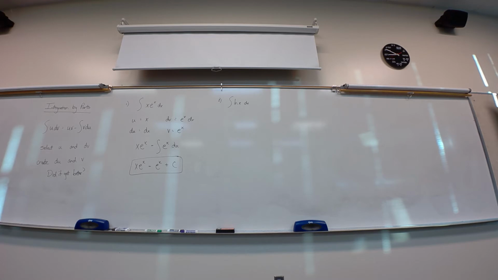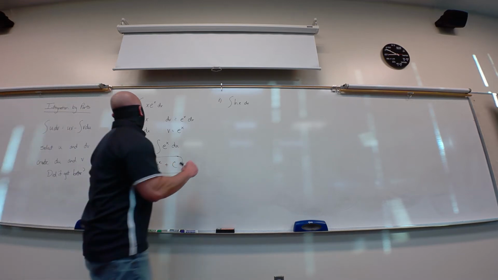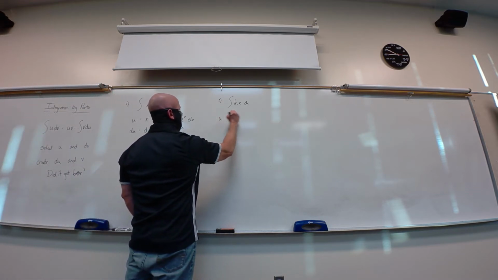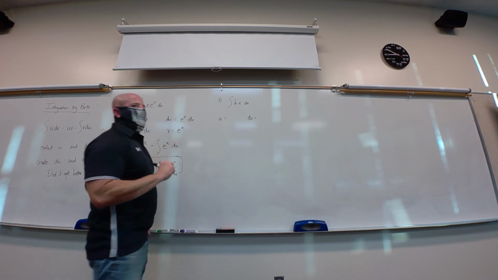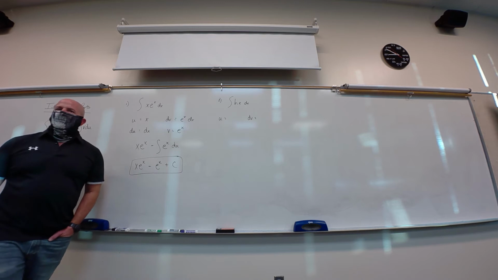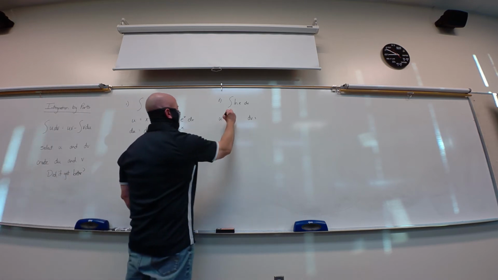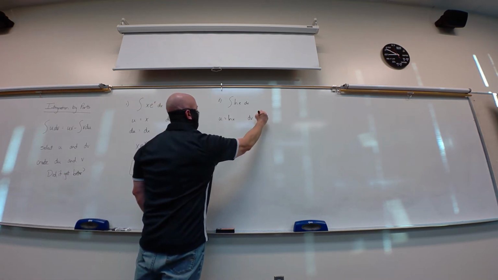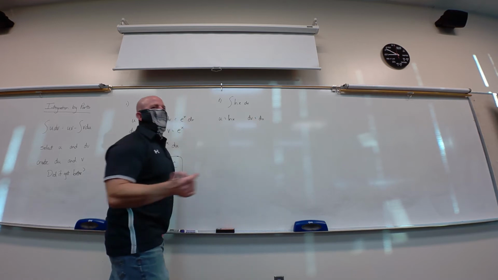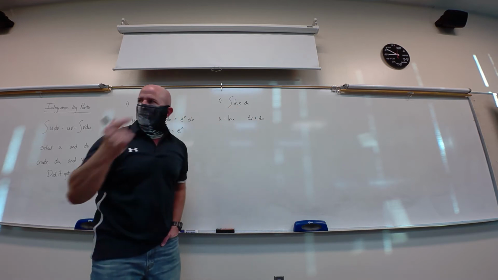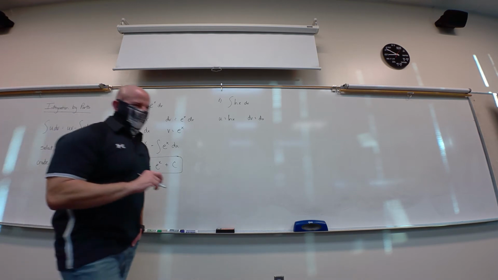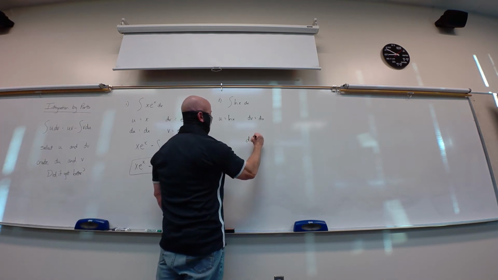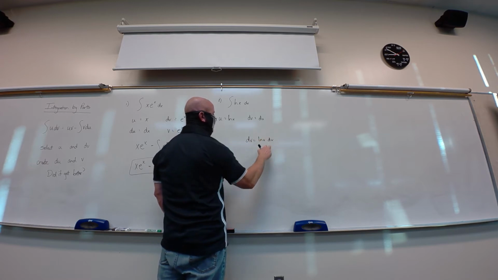Parts comes in. I've got to select the u, and I've got to select the dv. In this case, I'm going to let u be ln x, dv be dx. Now I can't split the ln off the x. That's one whole piece there. So the ln of x has got to go somewhere. And let's face it, if I let dv be ln x dx, I didn't do myself any favors.